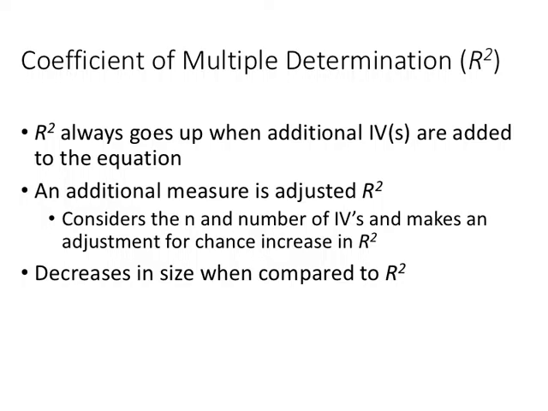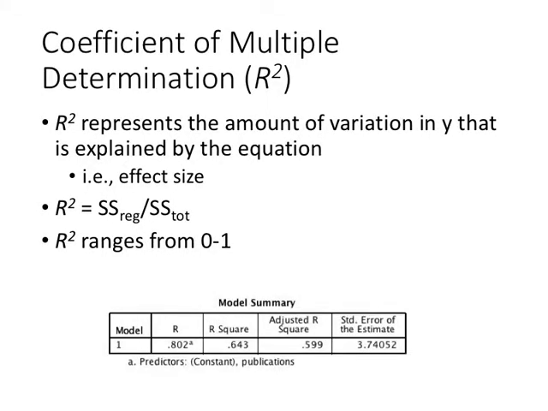If all of your variables are related to the outcome variable in a meaningful way, the adjusted r squared will decrease when compared to the r squared, but it won't decrease as much as if you have a bunch of variables in your analysis that are not making a contribution.